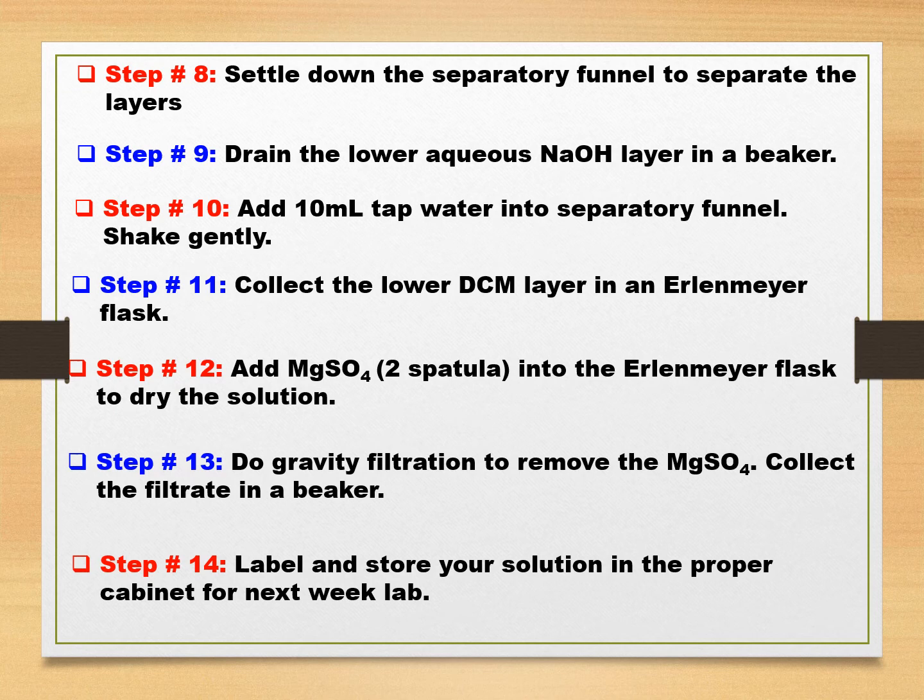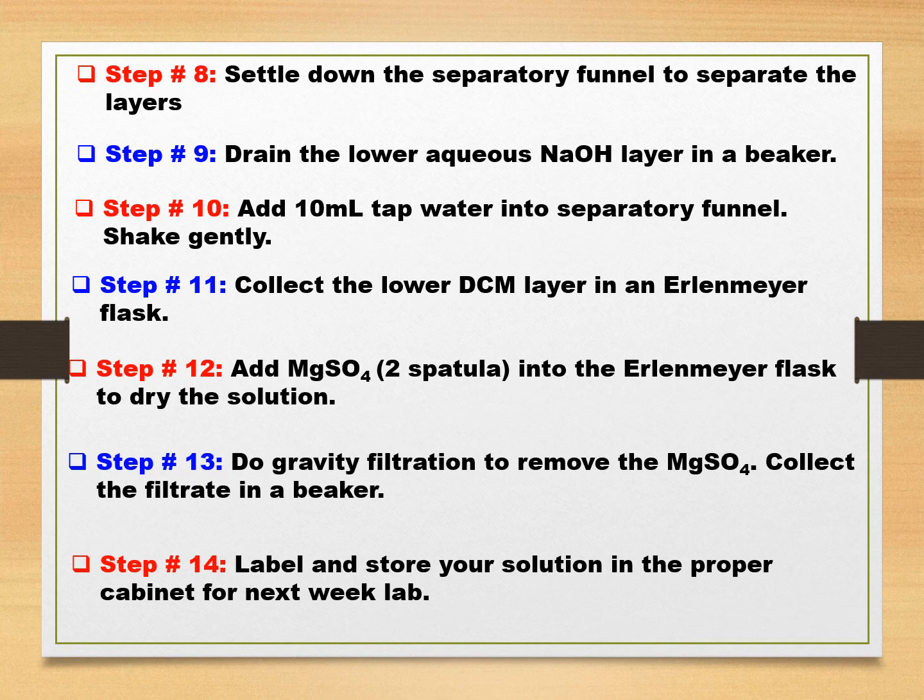And then the final step before we dry our final sample, because once we remove the aqueous layer, the remaining organic layer, the top layer in the separatory funnel, is the layer that contains our desired product, and we then collect that into a clean Erlenmeyer flask.